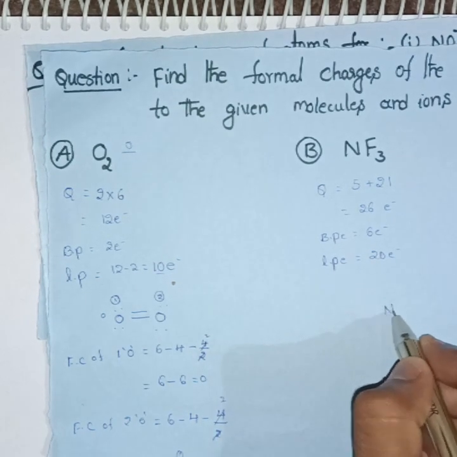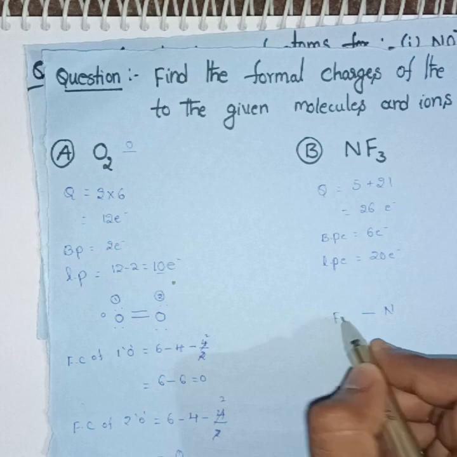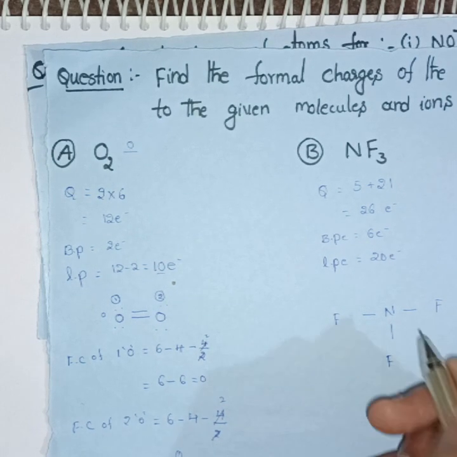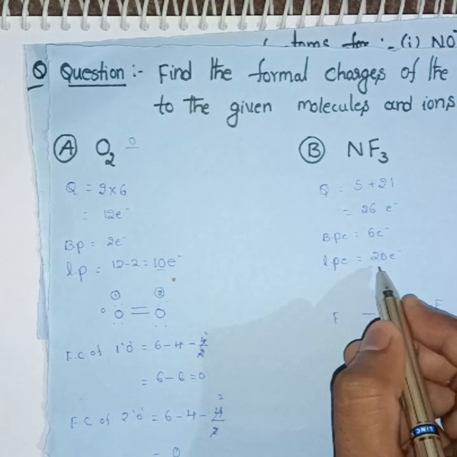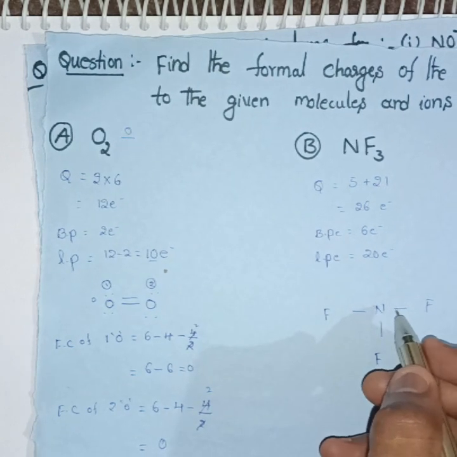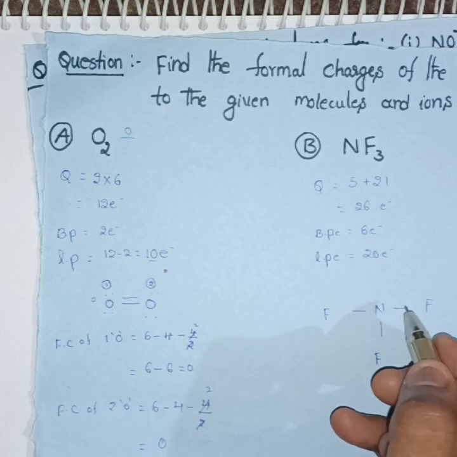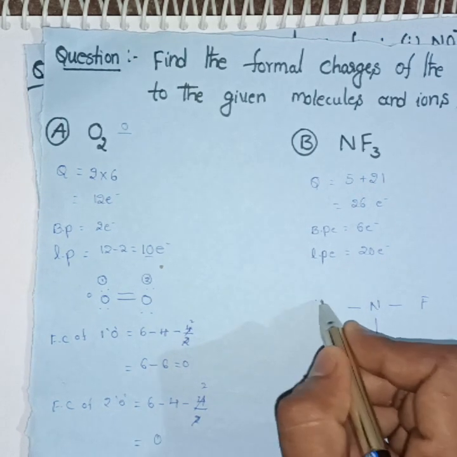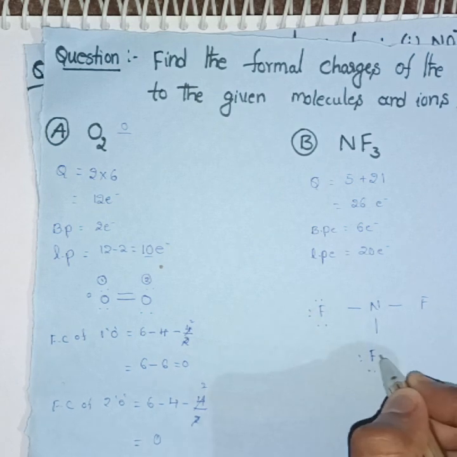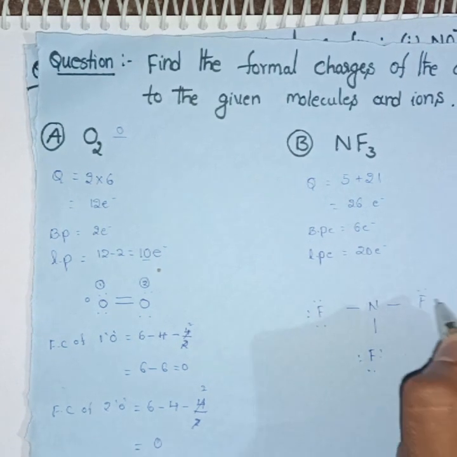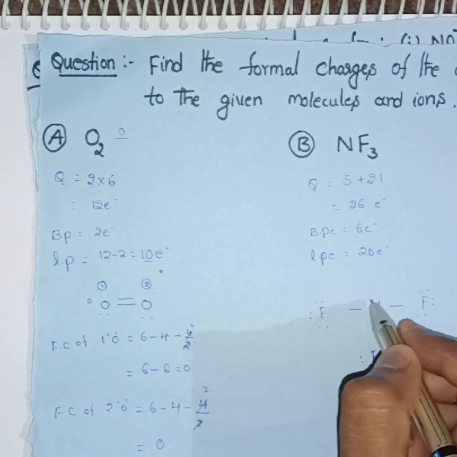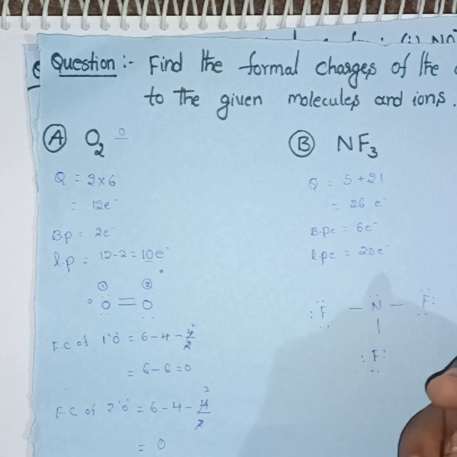That is, N is the central atom and 3 fluorines around the nitrogen. We have to fill 20 lone pair electrons. The maximum covalency of nitrogen is 3 to 5. That is 2, 4, 6, 8, 10, 12, 14, 16, 18 and 2 electrons on the nitrogen atom.